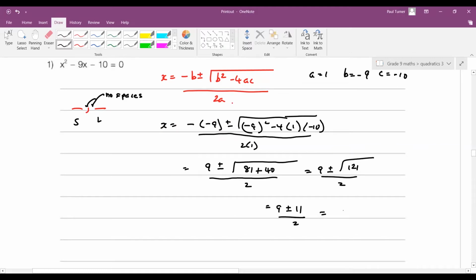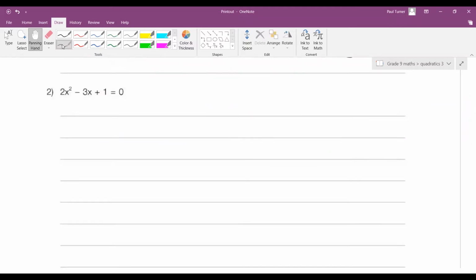So 9 plus 11 on 2, and 9 minus 11 on 2. That will give you 10, and minus 2 on 2, which is -1. So that's how you get the solution for question 1.